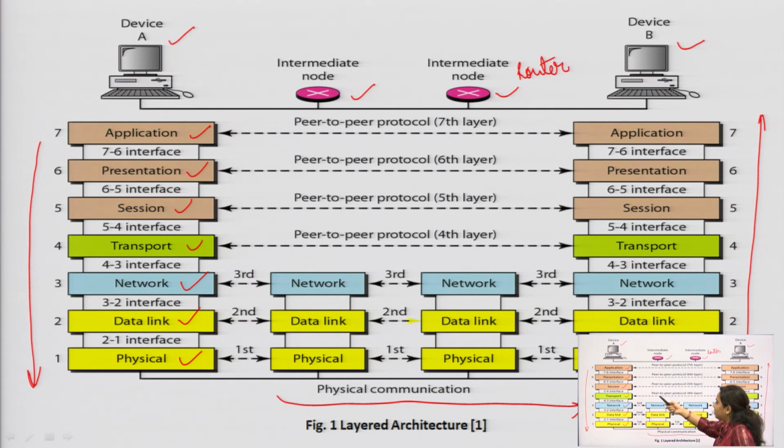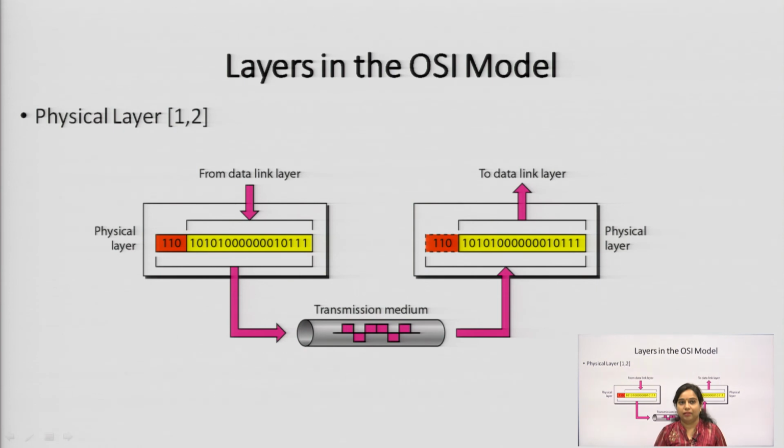So, these 4 layers direct communication of the protocol setup will be there, but in this case there are some intermediate physical, data link, network operations which are associated with these nodes. So, we will see each detail of each of the layer one by one with a detailed diagram.